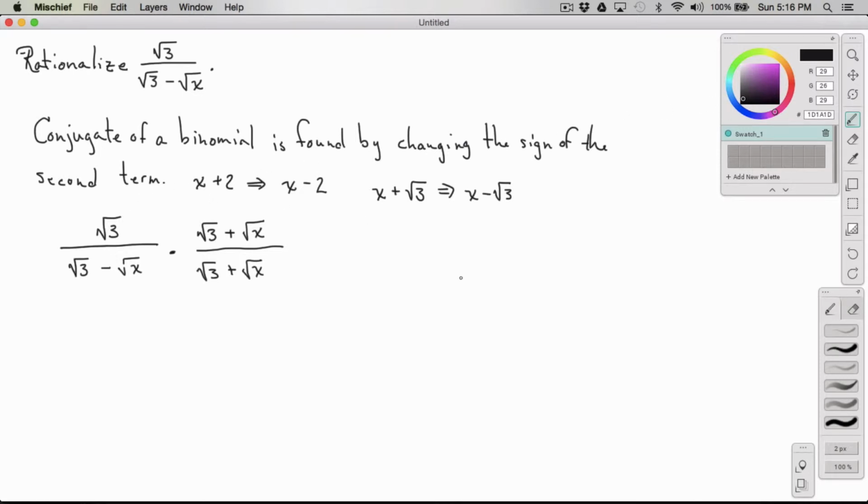So we're going to have to do some distributing here. Just like this. So here's what we have. In the numerator, we're going to have the square root of 3 times the square root of 3. Even if you've already figured that out, that's okay. The square root of 3 times the square root of 3. And then we're going to distribute the square root of 3 times the square root of x. So plus the square root of 3 times the square root of x.